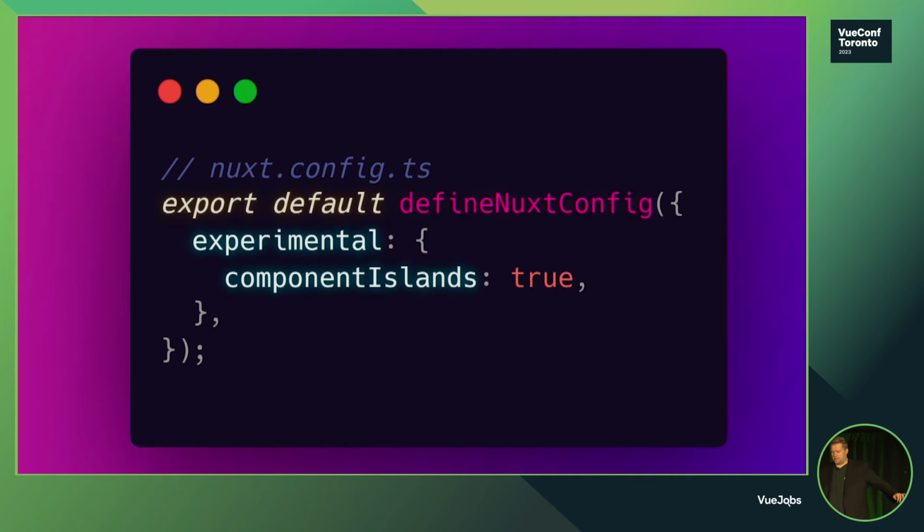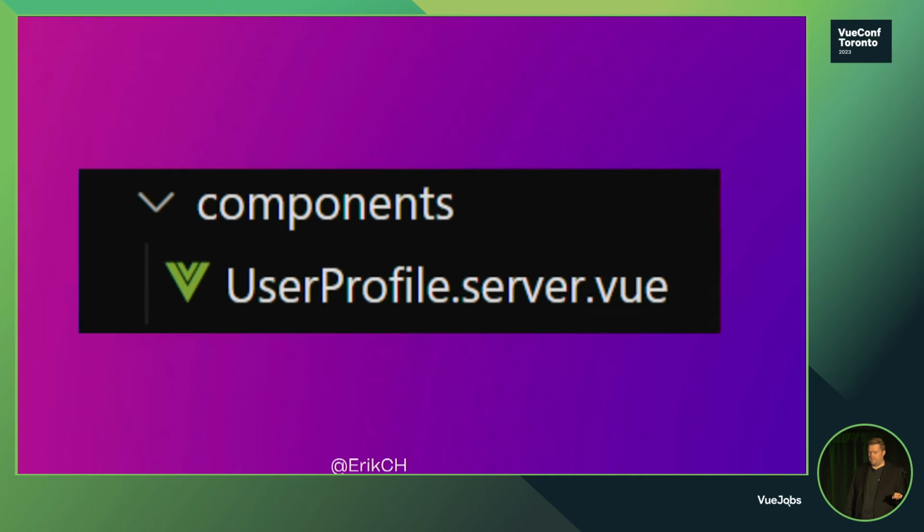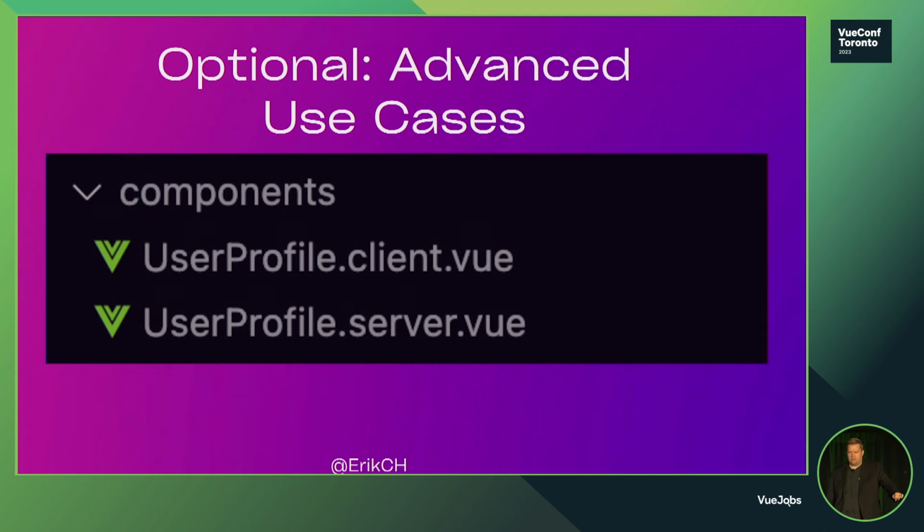In your defineNuxtConfig, you put experimental, componentIslands: true. And then your components will essentially look like this. They have this UserProfile.server.vue. You just add the extension .server.vue, and then voila, they are a server component. Just like everything else in Nuxt, it's pretty straightforward.